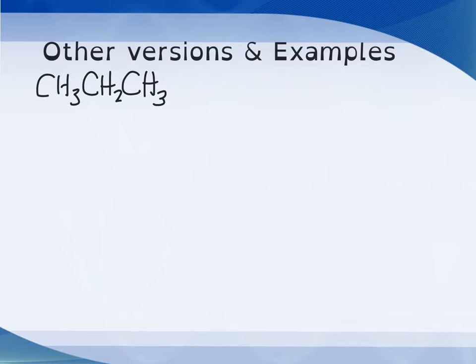There is one other version of a structural formula, called the line, or sometimes it's called the ball and stick. And what they do in this version is they are just showing the carbons with lines.